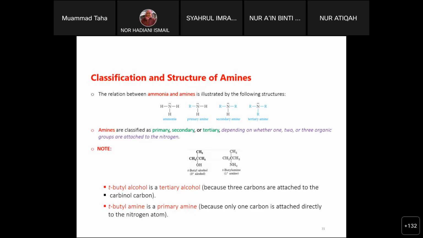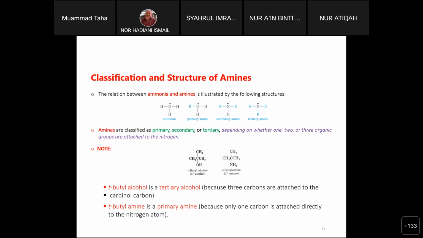Note that the classification is different as compared to alcohol. Don't be confused between the alcohol and this one, because this alcohol is a tertiary alcohol. The classification of primary, secondary, tertiary in case of alcohol is different, and in case of amine it is different.